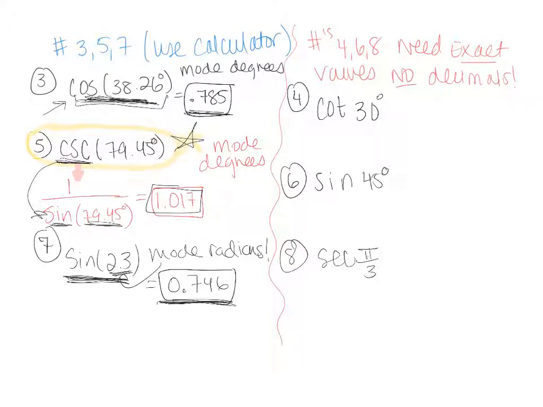Okay, so for 4, 6, and 8, when you're working with 30, 45, 60 degree angles, you're going to need exact values, and we're not putting them in our calculator. So the easiest one is number 6. Sine of 45 degrees, what's the ratio at that angle?